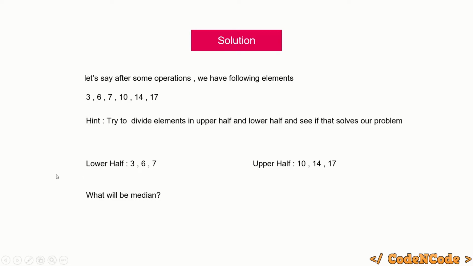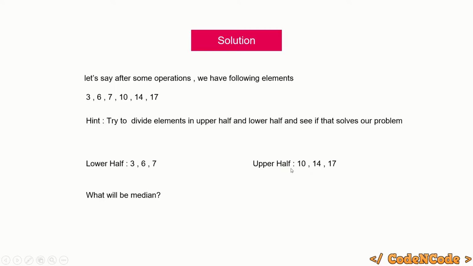In that case, our lower half, this is our assumption, this is something you will be defining, the way you are going to solve this problem. I have defined it this way: I'll keep the extra element in my lower half. If you are going to solve it another way, it depends on you. You can also keep the extra element in the upper half.